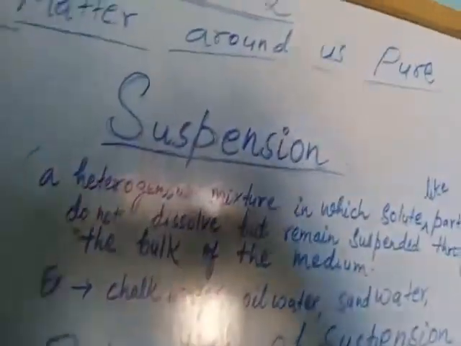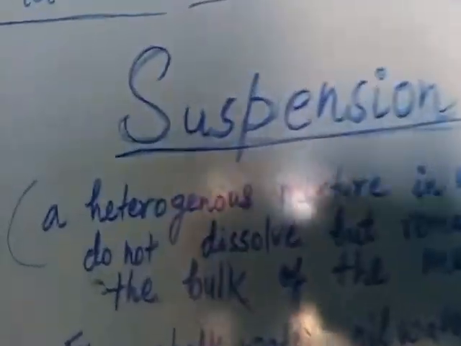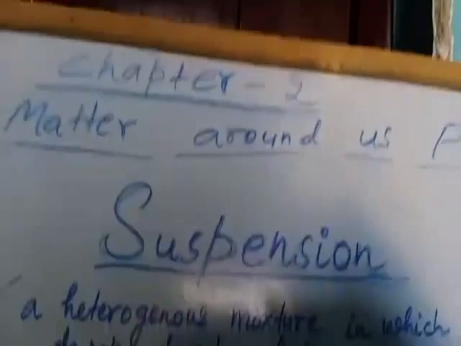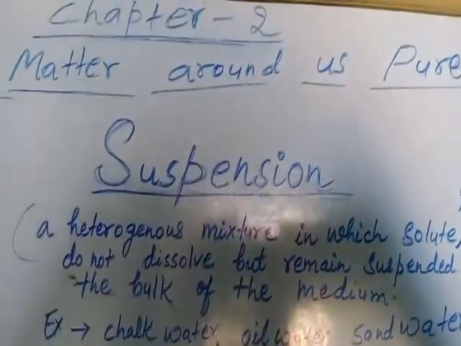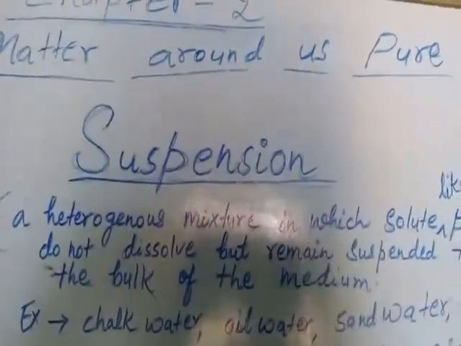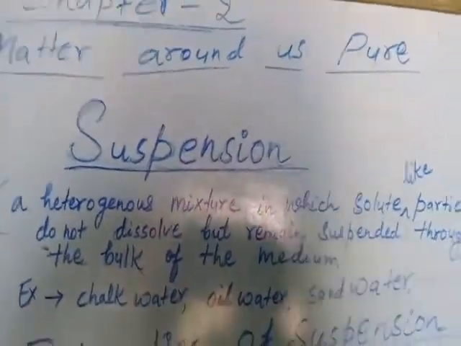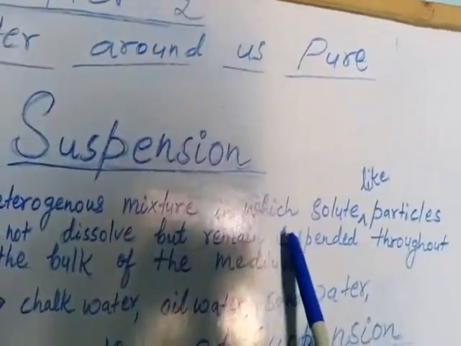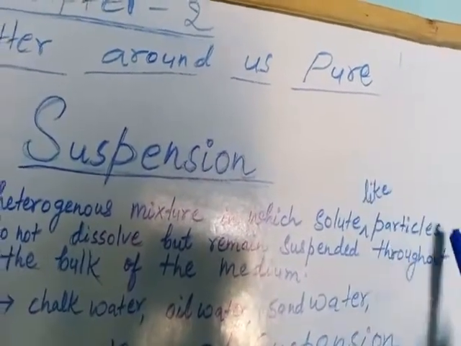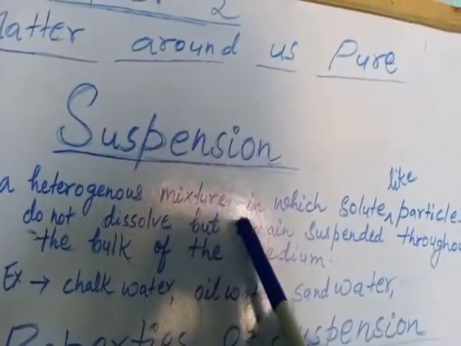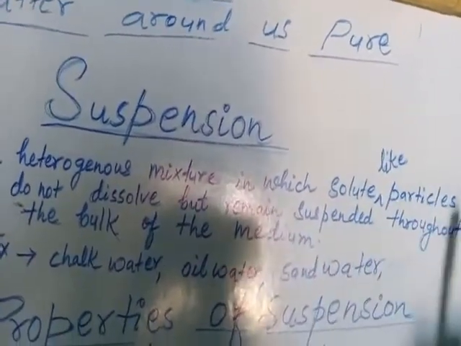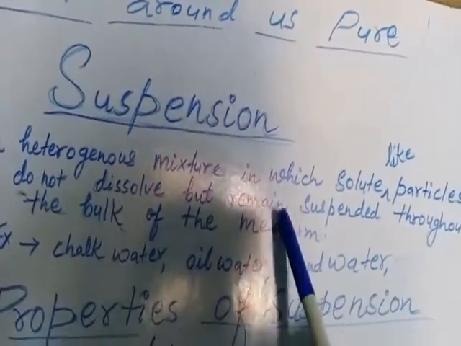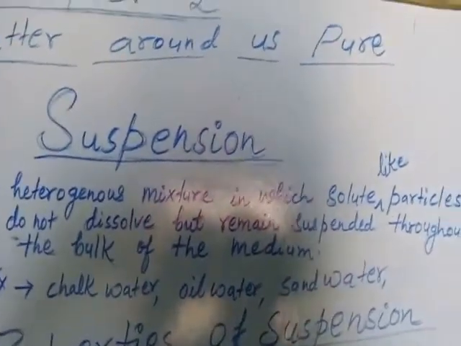Now we have one more topic, that is one of the forms of heterogeneous mixture, that is called suspension. So how can we define a suspension? A suspension is a heterogeneous mixture in which solute-like particles do not dissolve but remain suspended. They remain spread, suspended throughout the bulk of the medium.